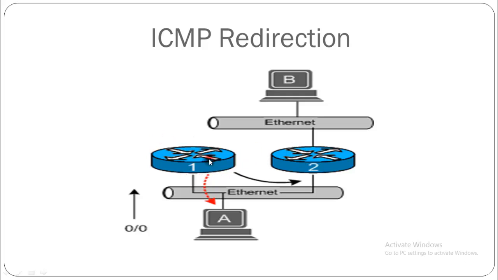It will not accept anything back to A. So in order for the router to connect back to A, it should be connected directly, not remotely.